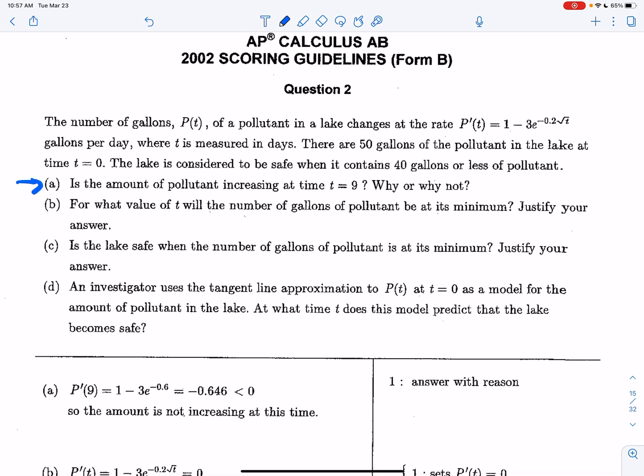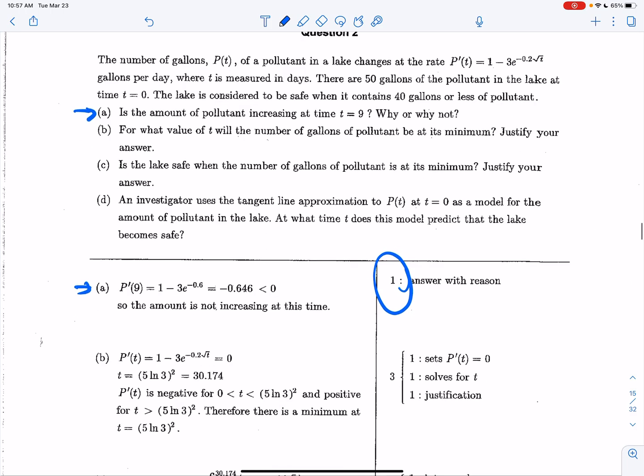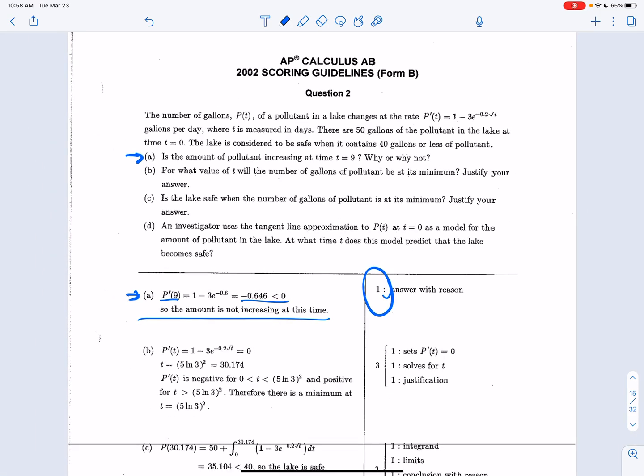In part A, this was a quick 1-point question. Even though it's only 1 point, it's 1 out of the 3 that you need. We stated exactly that. We showed that it was negative, so the amount is not increasing. You don't have to use the words exactly as they wrote them in the scoring guidelines. What we wrote earlier is absolutely fine too.